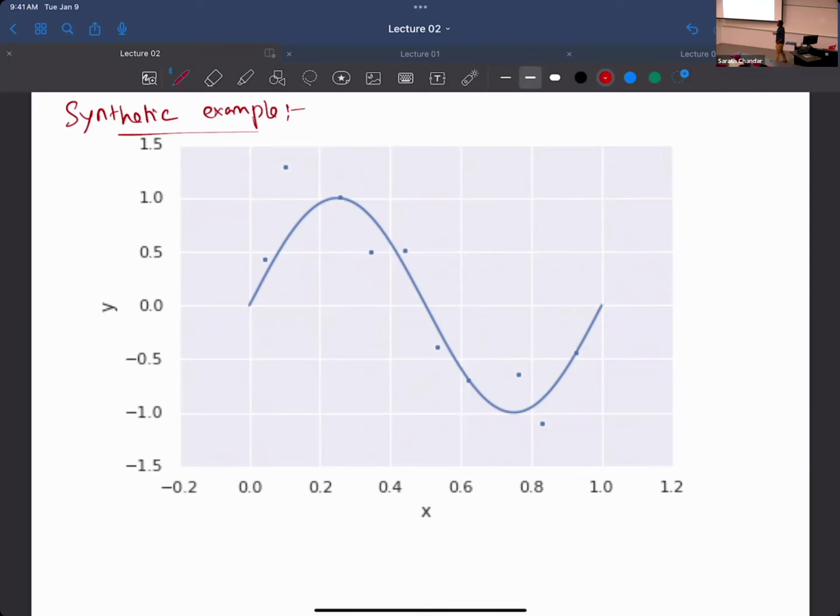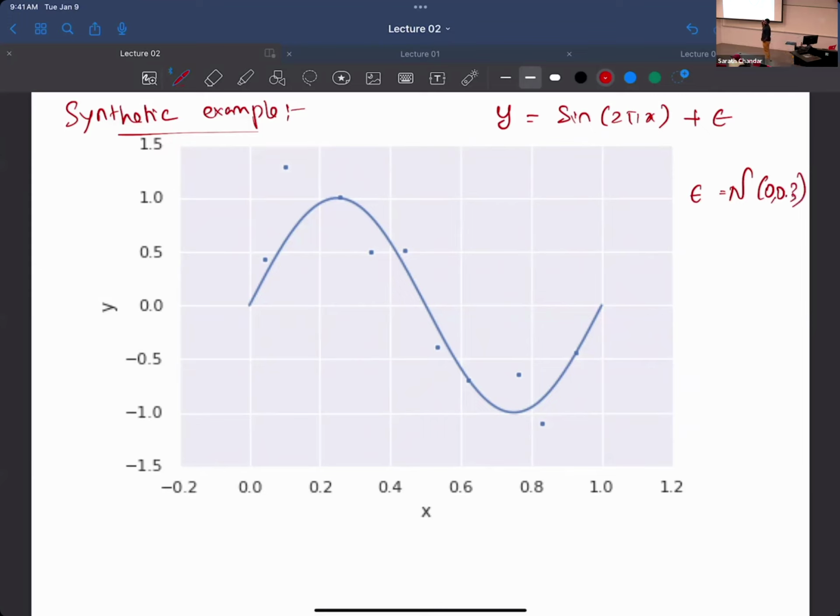The function that I'm looking for is the sine wave, but then I'm going to add a bit of noise to the sine wave. So my y is going to be sine of 2 pi x plus some epsilon noise. The epsilon is a Gaussian noise with zero mean and, let's say, 0.3 standard deviation.